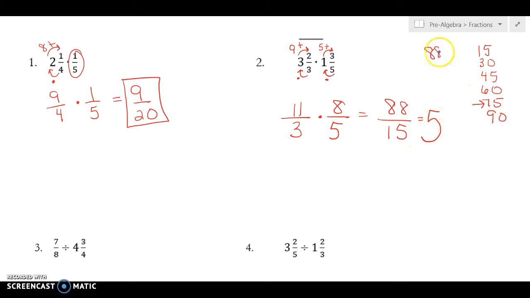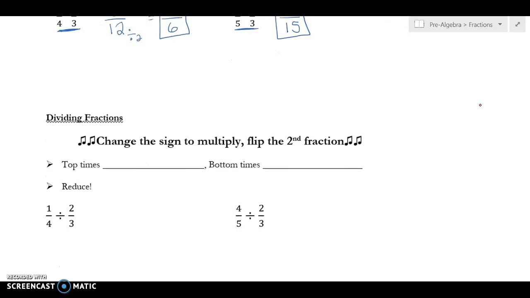And then I need to subtract that to find out that it's 13/15. And nothing goes into 13 and 15, so you're done. So for multiplying fractions, the big thing is to remember it needs to be improper, and then it's top times top, bottom times bottom. All right, let's look at the next one, dividing.